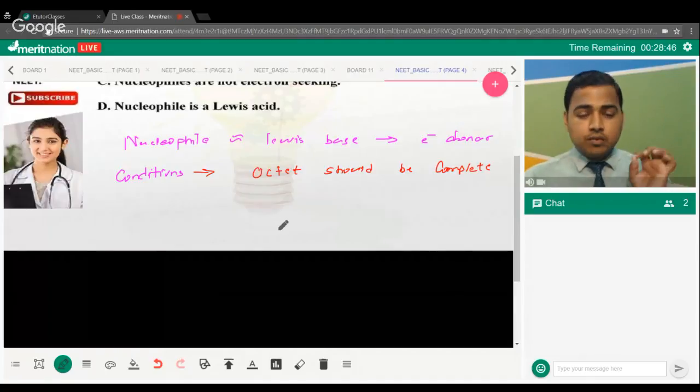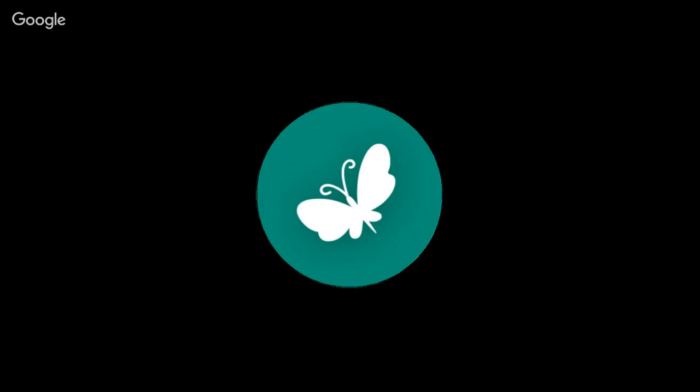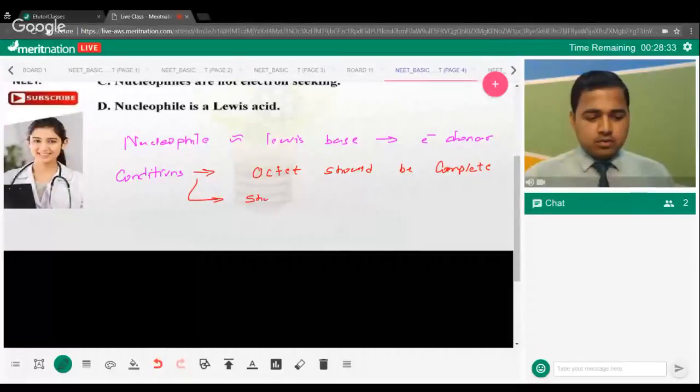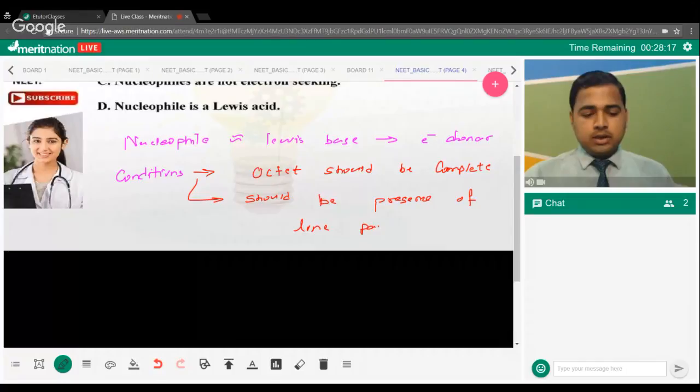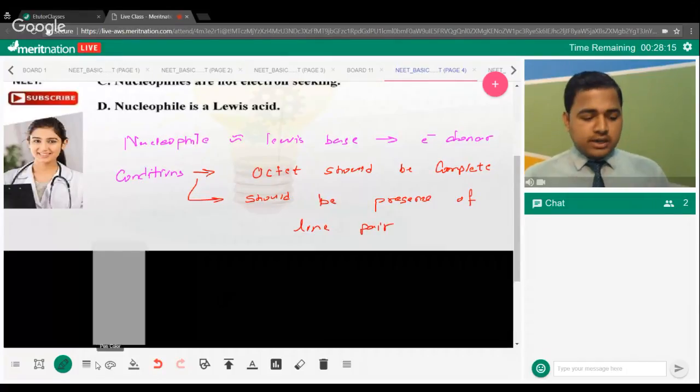So first of all, octet should be completed, and the second condition is the presence of lone pair. So these two conditions.